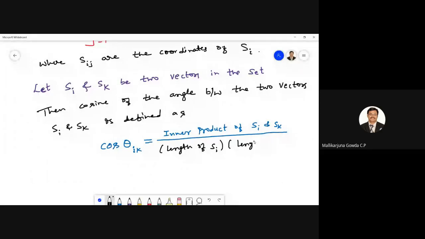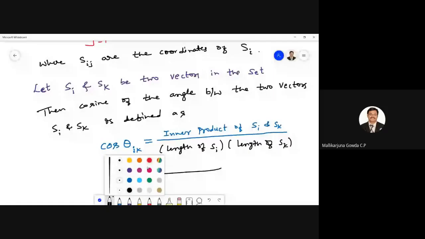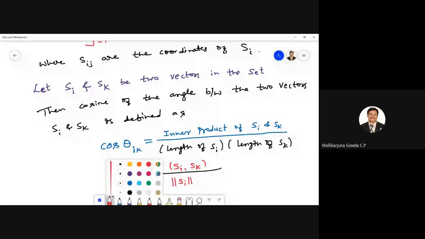Mathematically I can write this as the inner product Si comma Sk, divided by the length of a signal vector, which is Si with two lines, times Sk with two lines.